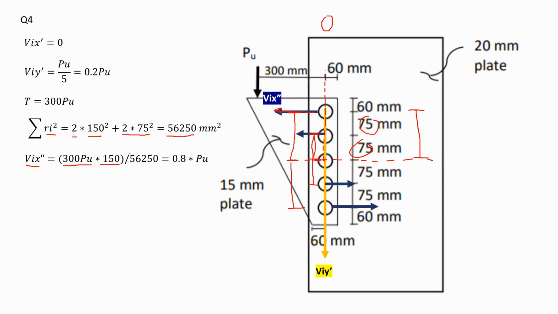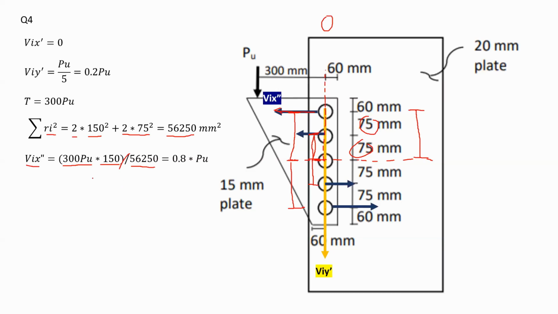And that is divided by the summation square of R, the distances of each bolt, and that is 56,250. Now, if this value was very big because the bolts were far away from the centroid, V_ix'' would be small. So that's one thing to notice.